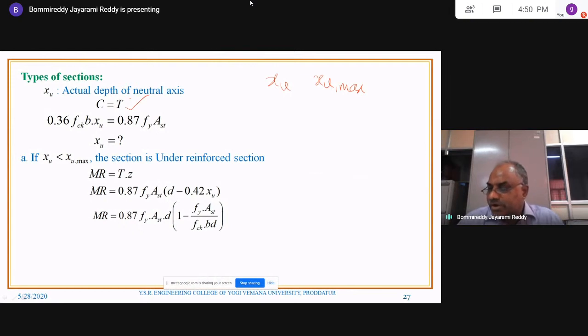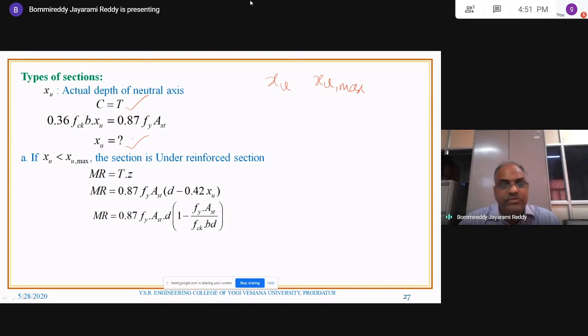First you should identify whether it is an under reinforced section or an over reinforced section. To identify this, use C equal to T. C is 0.36 FCK B XU, T is 0.87 FY AST, and knowing all values, find out XU. That means the quantity of steel reinforcement, the width of the section, the grade of concrete and the grade of steel are all known, and only XU is unknown.